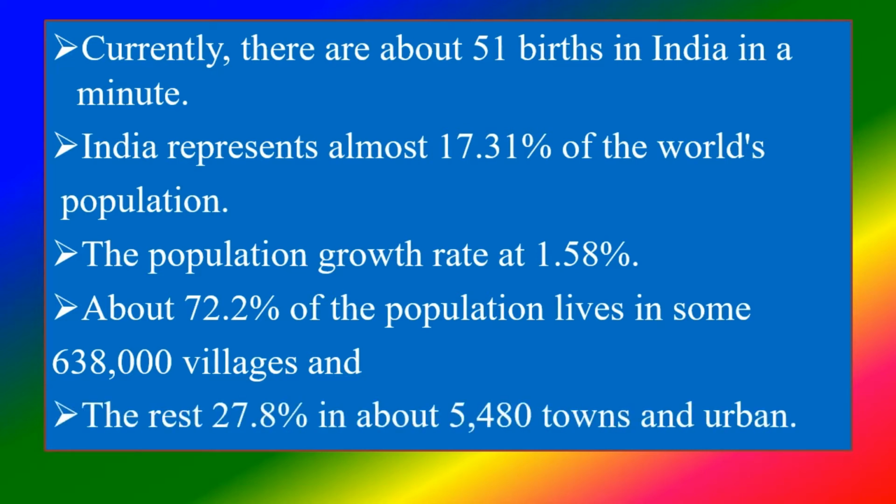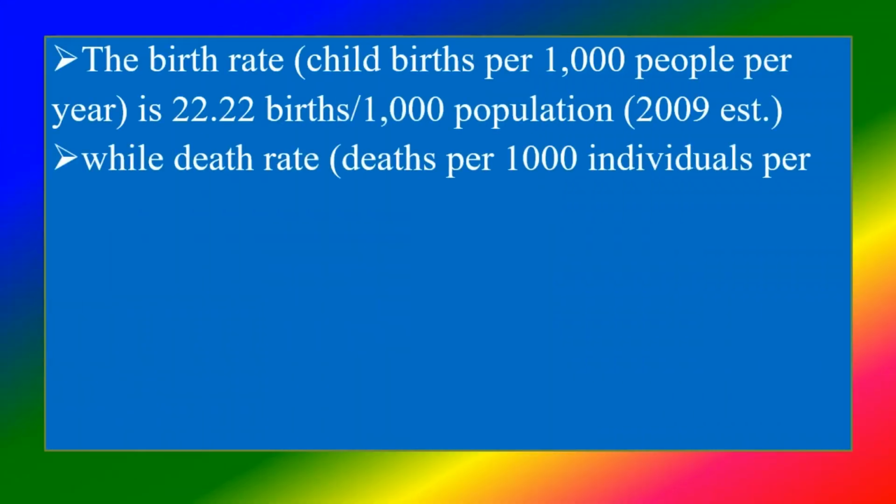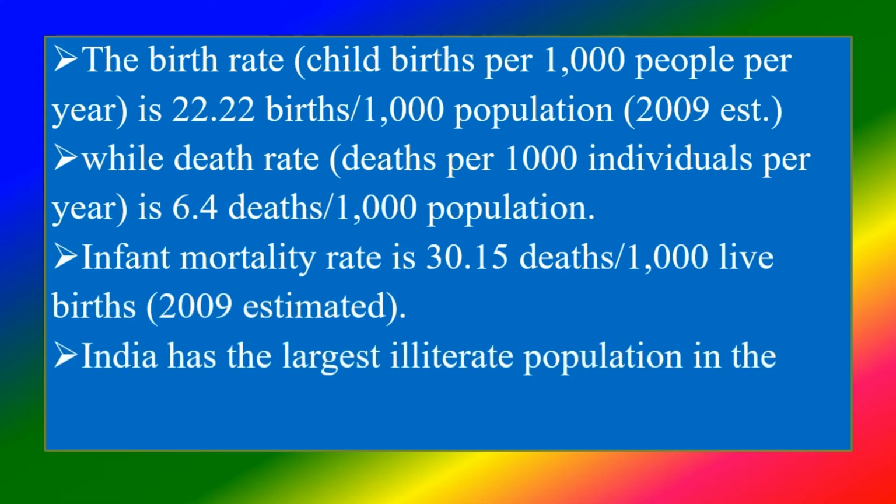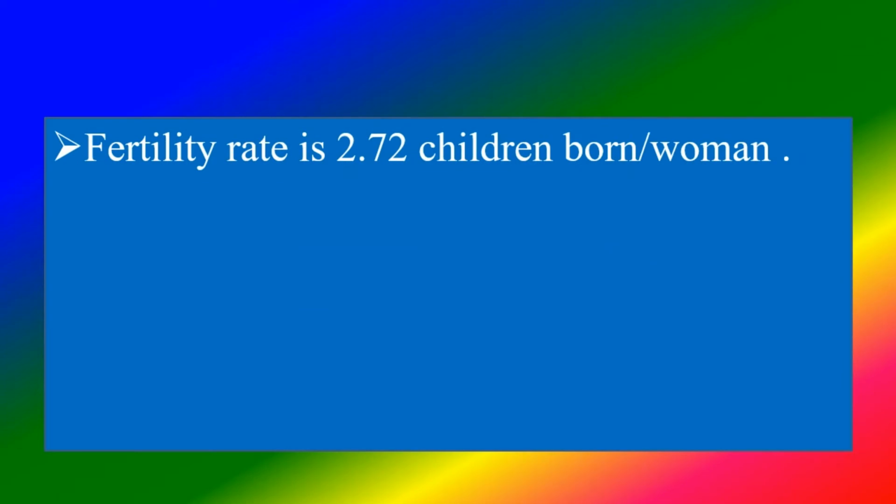The remaining 27.8% lives in about 5,480 towns and urban areas. The fertility rate is 2.72 children born per woman.